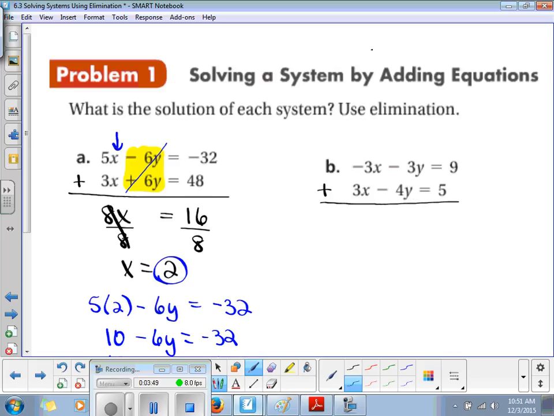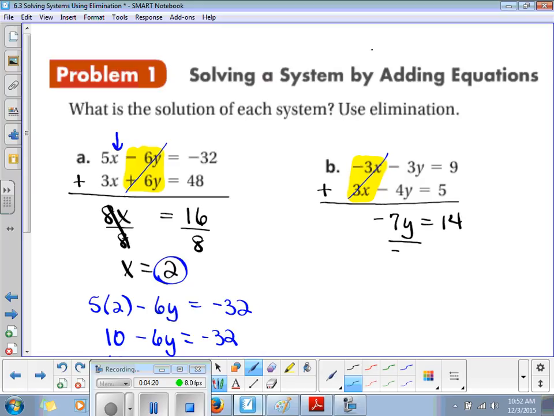And you can see that we have a pair of inverses, the negative 3x and the positive 3x. Those will cancel out. Now we can continue adding the equations. So we have negative 3y plus negative 4y, which is equal to negative 7y, is equal to 9 plus 5, which is 14. Good.